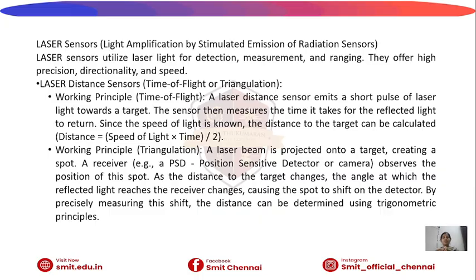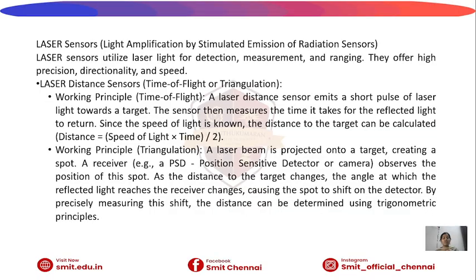So this is called time of flight. Just emit the light to the target and it reflects. We measure the reflect time, okay. So that is called time of flight. It uses a formula: distance is equal to speed of light into time, divided by 2. This is the formula to calculate the distance from the time, okay.